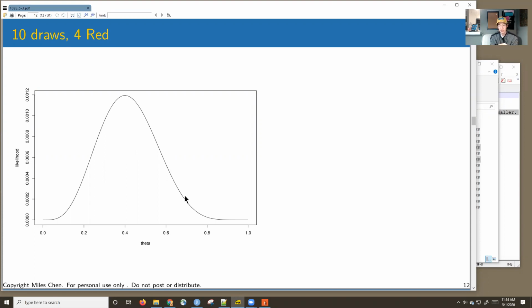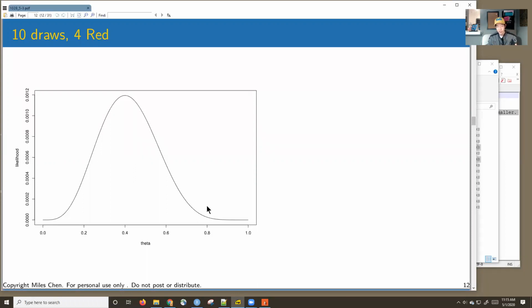Those are not completely impossible. If you told me that the pouch is 70% red, we'd say, oh wow, we got a unique circumstance where only 4 out of the 10 draws were red. I would have expected a few more, but it's not completely impossible.